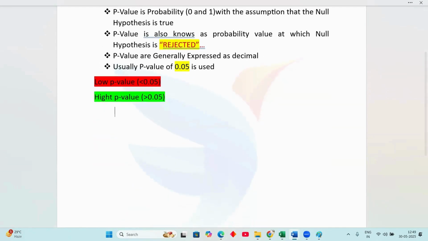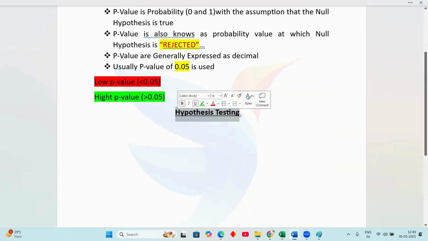Moving to the topic, first we should know about hypothesis testing. A hypothesis is a statement, assumption or claim about the value of a parameter, such as the mean, variance or median.